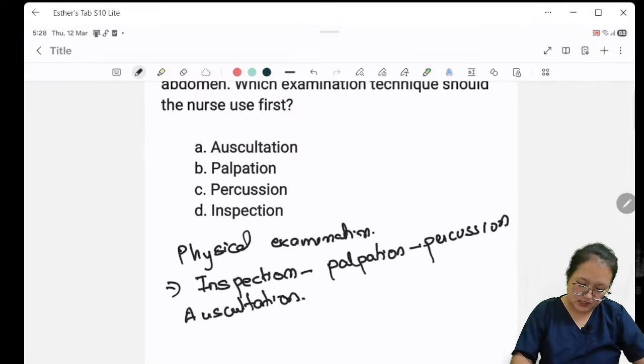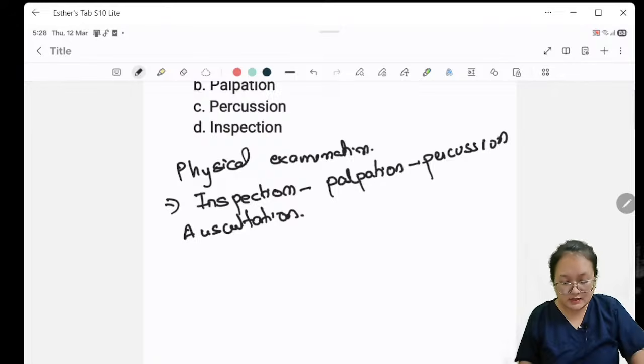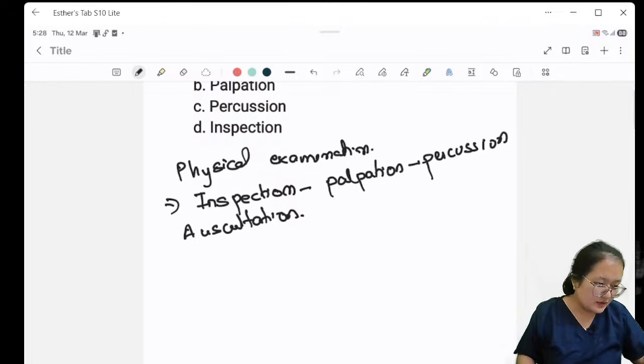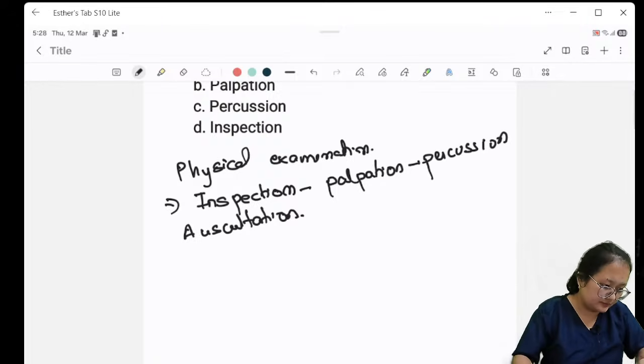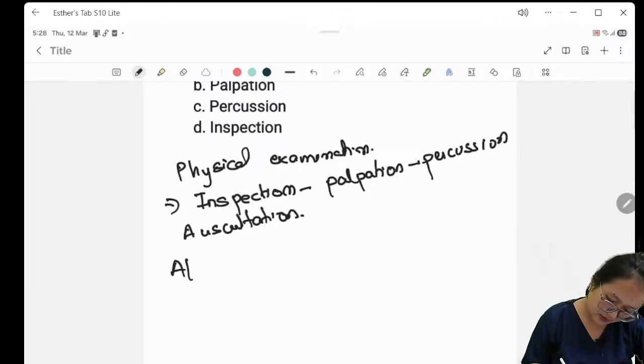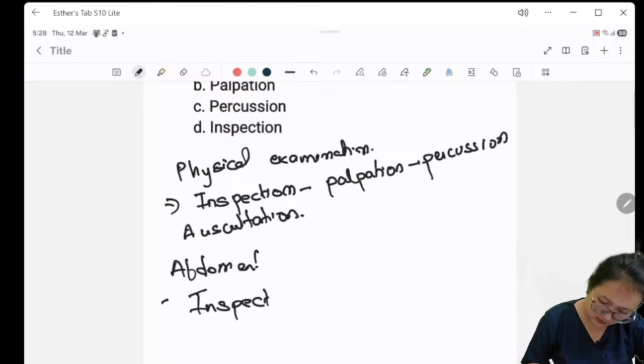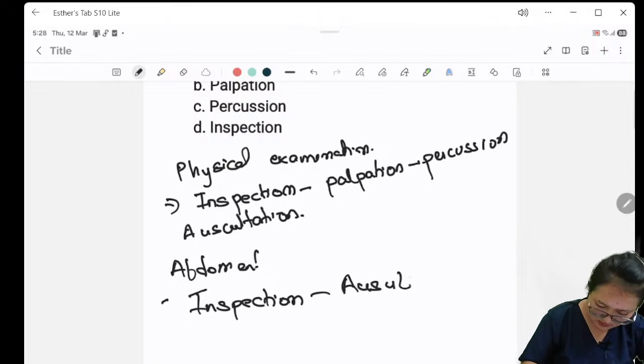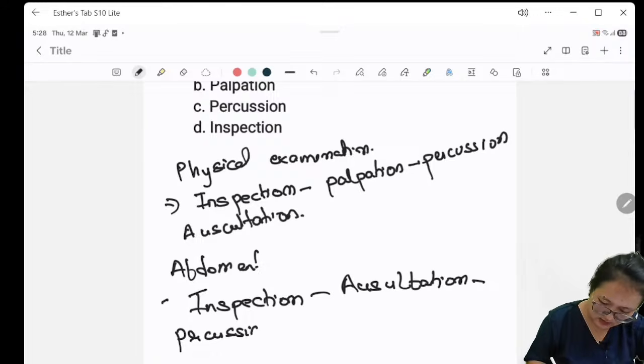However, in case of the abdomen, it's changed. In the abdomen examination, we have inspection, then auscultation, then percussion, then palpation.